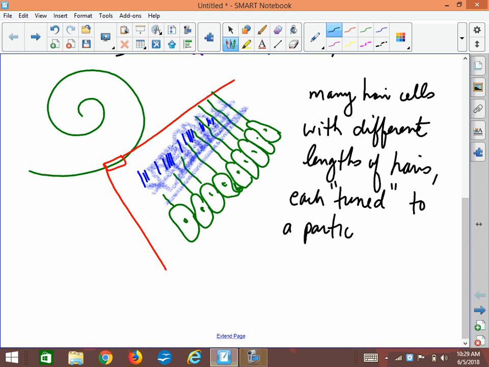So they only wiggle when their particular frequency of wave is present. The short ones, high frequencies, and the longer ones, lower frequencies.